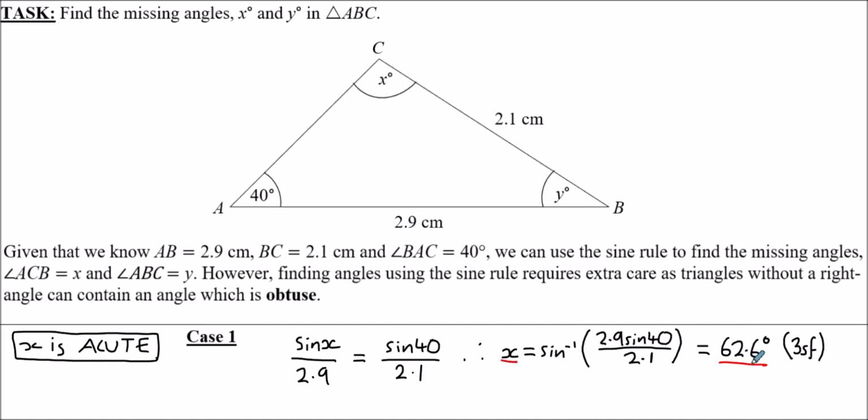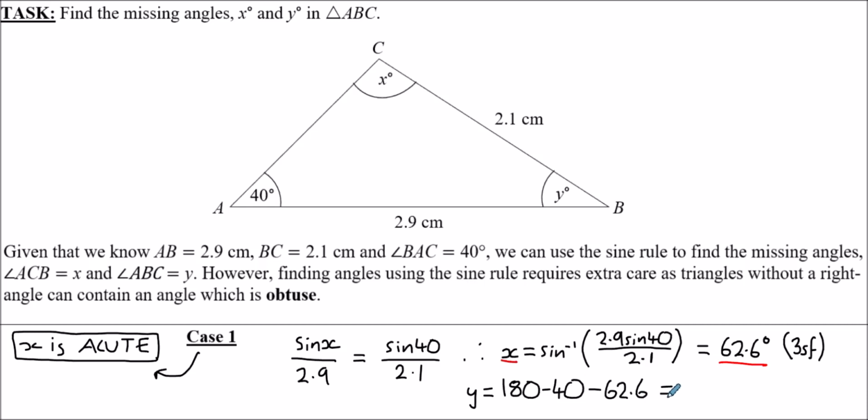So if x is 62.6, and this case is where x is acute, then y, just using the idea of angles in a triangle adding up to 180, would have to be 180 minus 40 minus 62.6 to 3 sig figs.